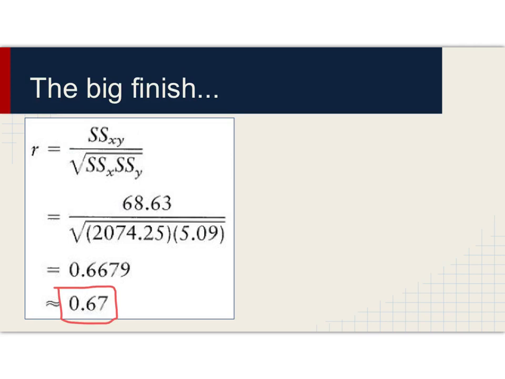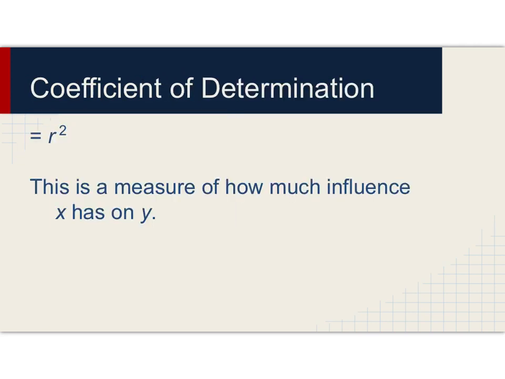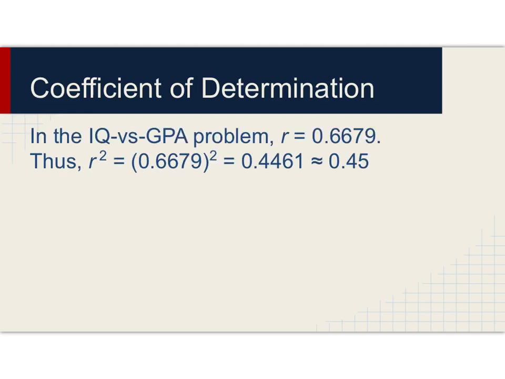But it isn't perfect. And so we introduced what's called the coefficient of determination, and that's R squared. This is a measure of how much influence X has on Y. So for example, in the IQ versus GPA problem that we just did, we said that R was 0.67. It was 0.6679.